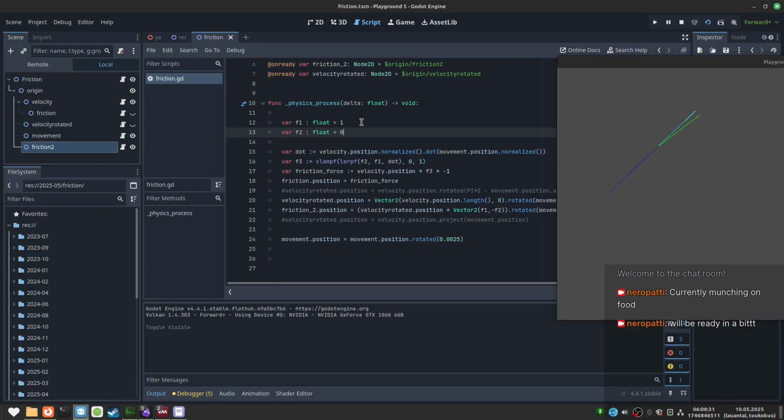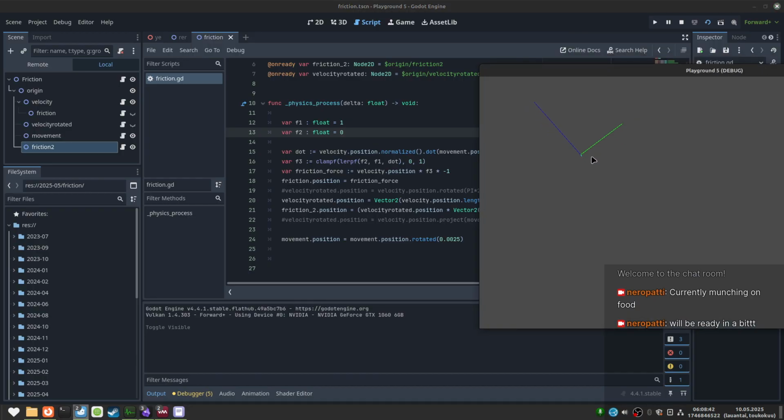Or like, it's either towards or away from it. I still need to figure out what to do when the movement is pointing away from the velocity, but the only cases that I'm really worried about are the cases where we're in this half sphere, this hemisphere, where the angle is not greater than 90 degrees between these vectors. And here you can see we're taking the component of the vector that's pointing towards movement.